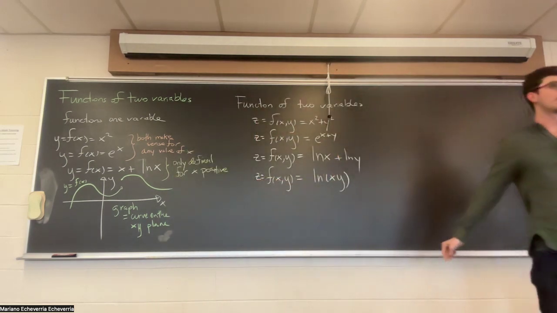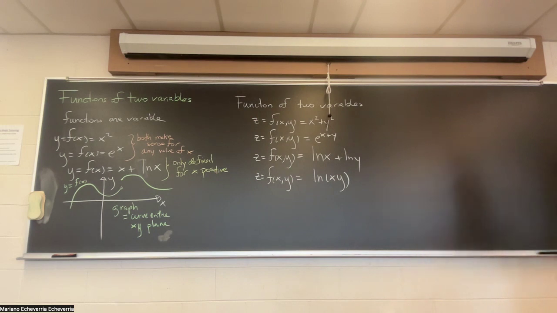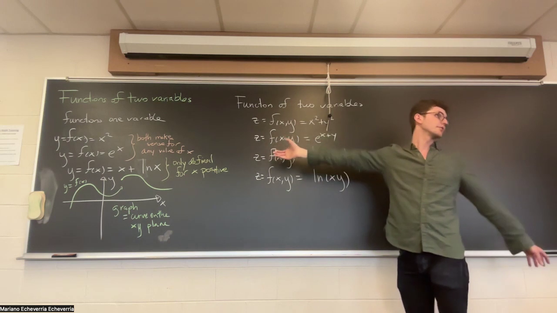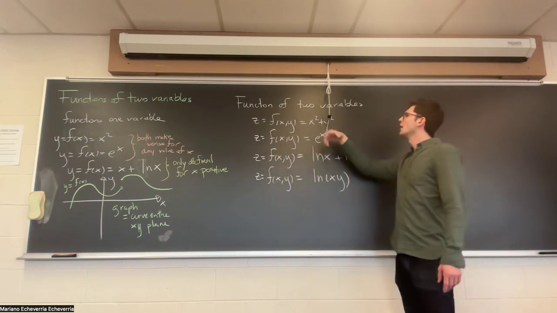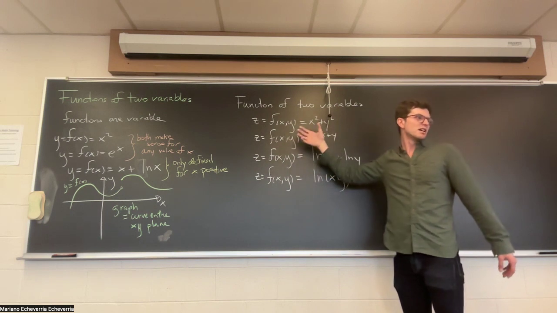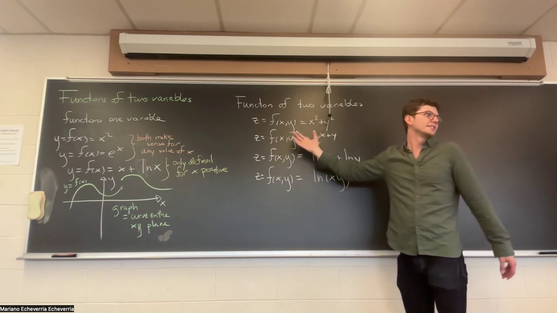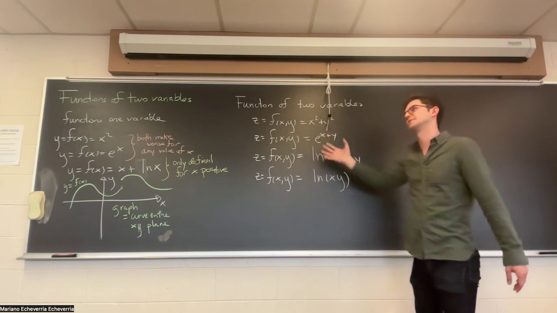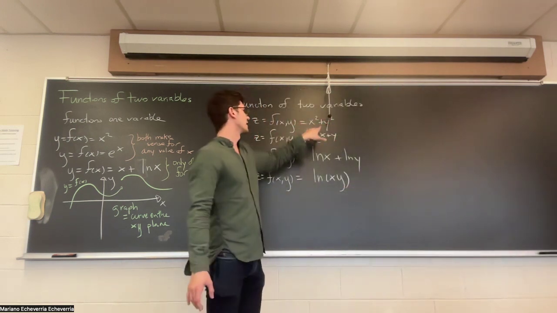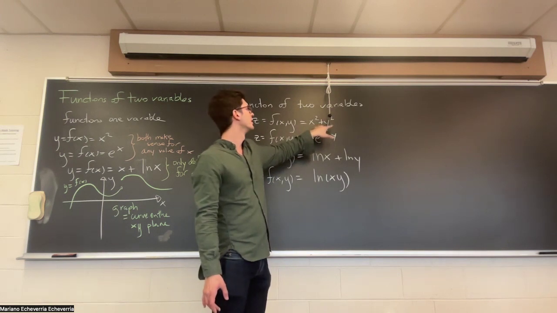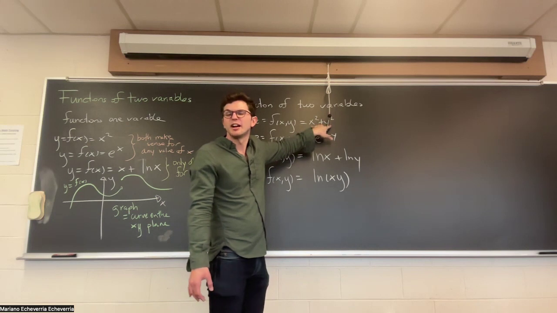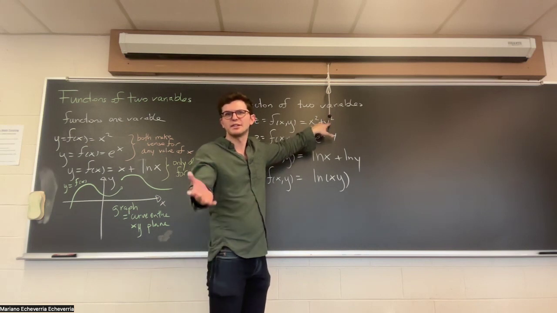And then the other thing you could do, by analogy, is think of this as an expression in terms of x and y, and ask what values of x and y I can plug in that give me a sensible answer. Maybe it's easier to start with x squared plus y squared. You can basically feed any value of x and y into this expression, and that does make sense.